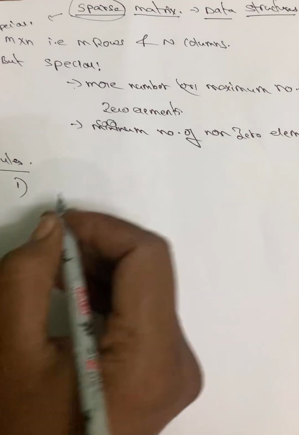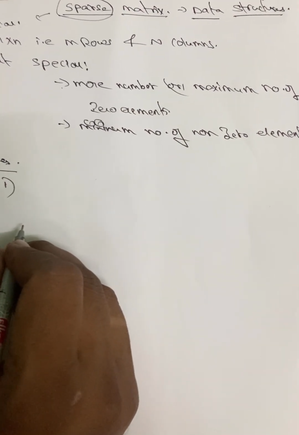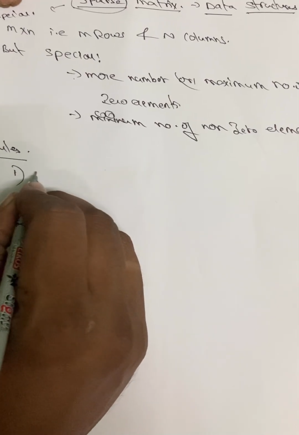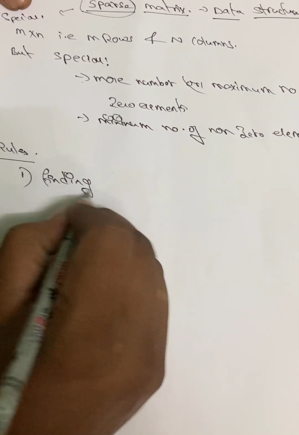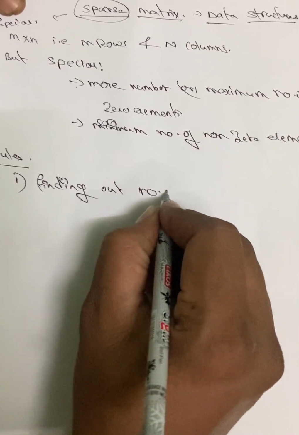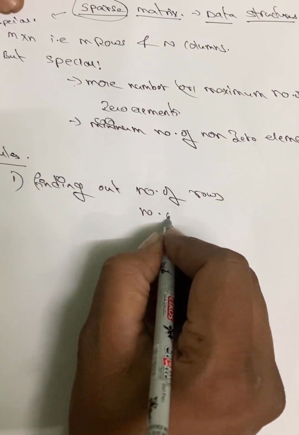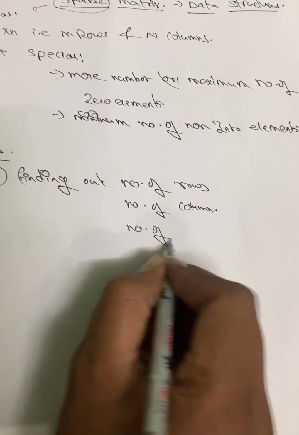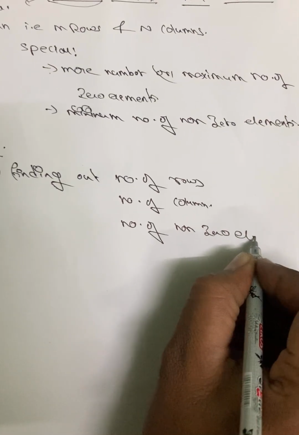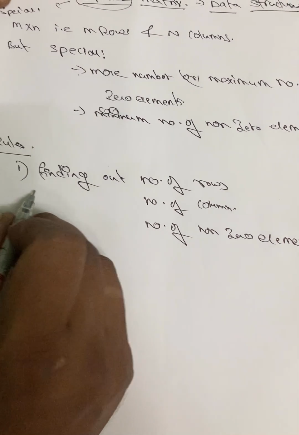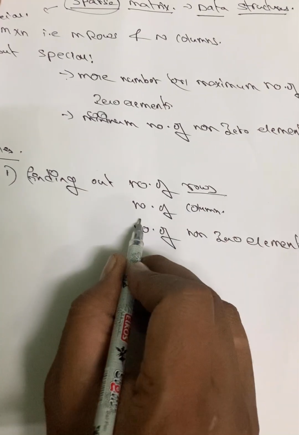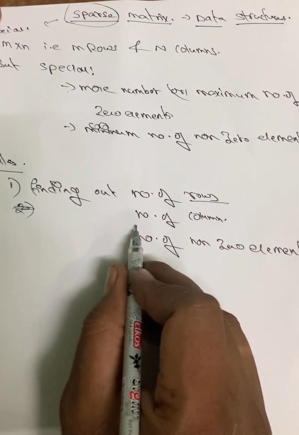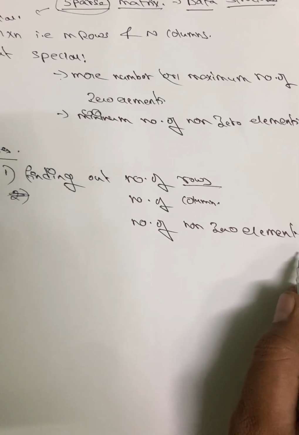First rule, from the given matrix, either it might be 4 into 5 matrix or 4 into 6 matrix, we have to first ensure in finding out the number of rows, number of columns, as well as the number of non-zero elements in the given matrix.